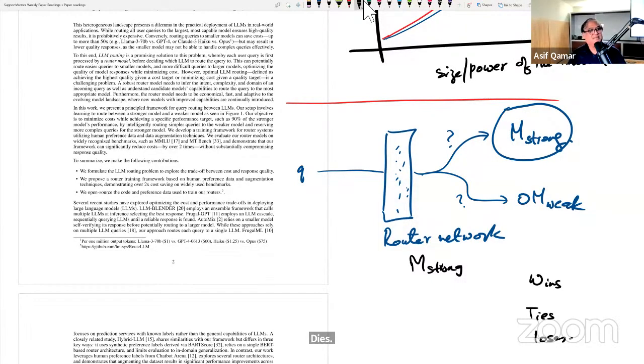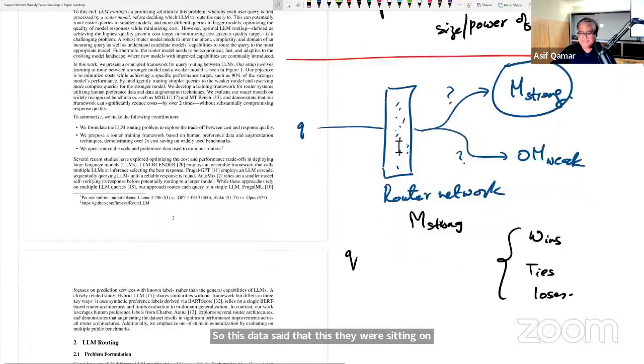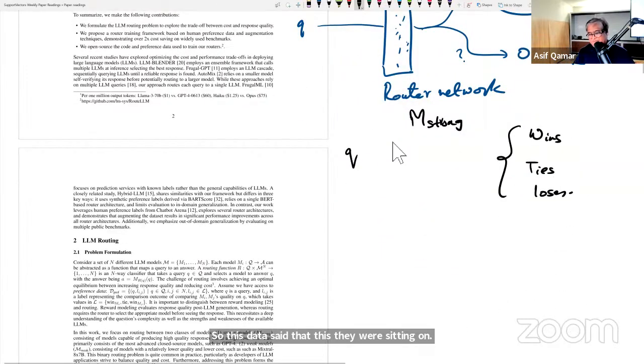So suppose you do a comparison in this situation, given a query, and you have human preference data. Now, what they did is they augmented this data set that they were sitting on, using two different techniques. So let me just put the intuition here.